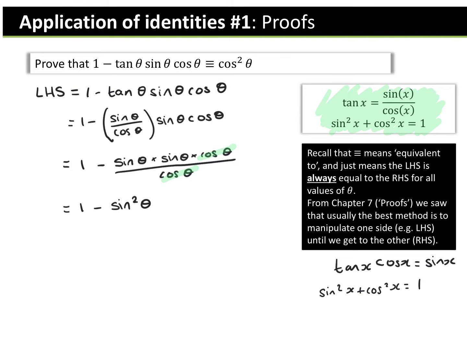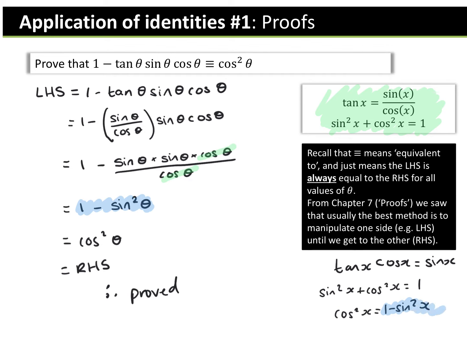So if I minus sine squared from both sides, I get cos squared x equals 1 minus sine squared x, do I not? Here I have 1 minus sine squared theta. So instead of writing 1 minus sine squared theta, I could in fact write cos squared theta, which equals the right-hand side. Therefore, proved.